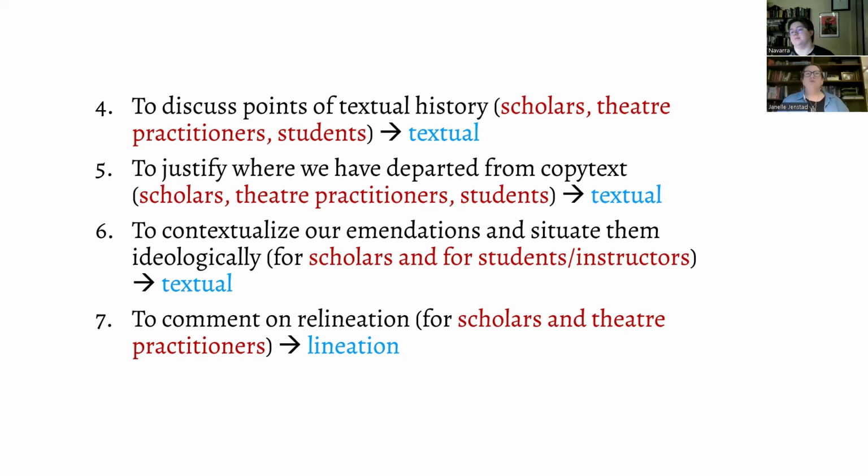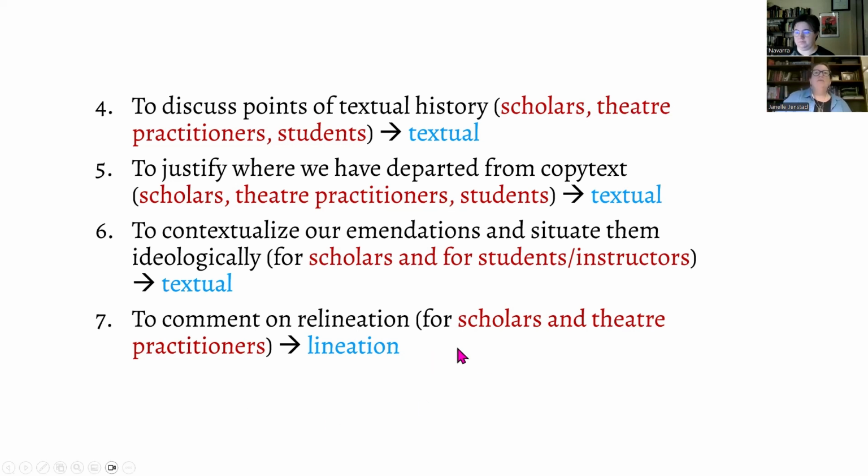If you're going to choose kisses over sighs or sighs over kisses, you are making an ideological claim about what you think was possible on the early modern stage, what you think is appropriate for an early modern woman and man. You might be offering a commentary on miscegenation. Early editors have done those things without necessarily being aware that they were doing those things, or being aware but choosing not to share their rationale. We need to offer a rationale for those things.